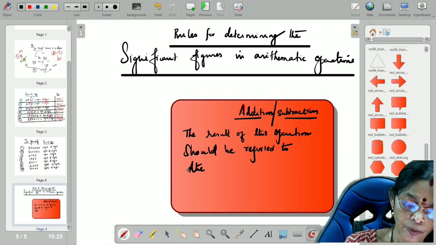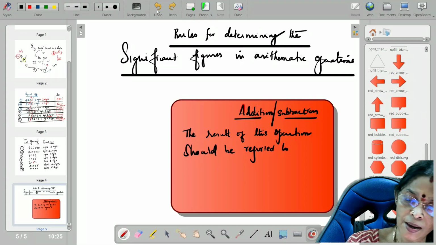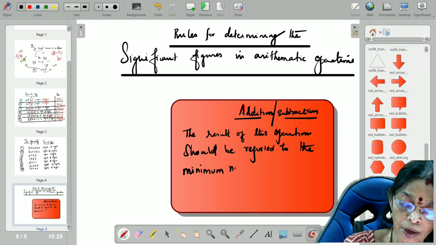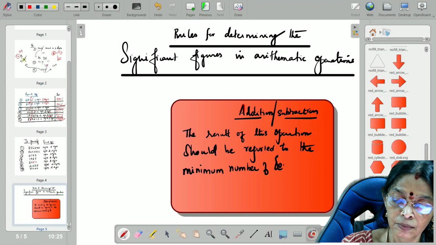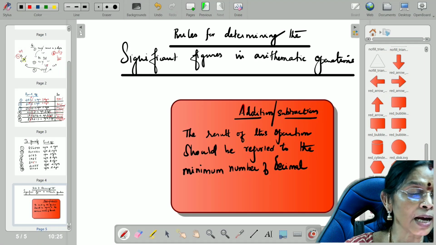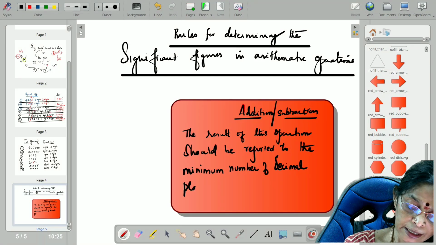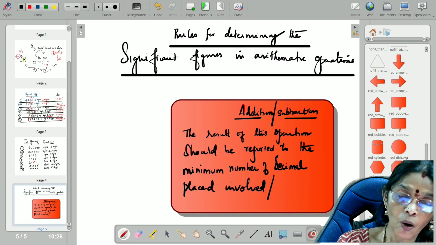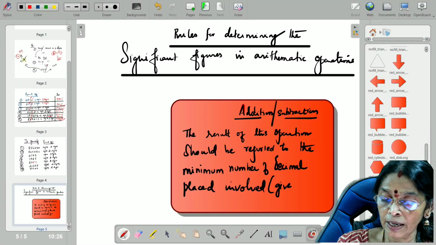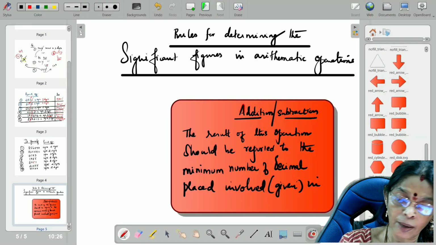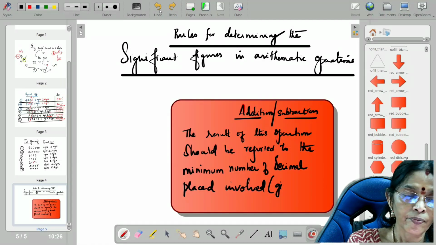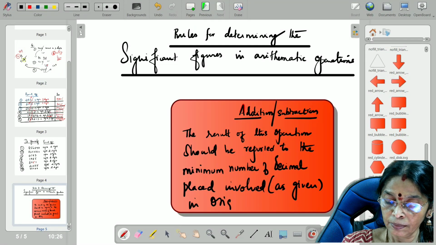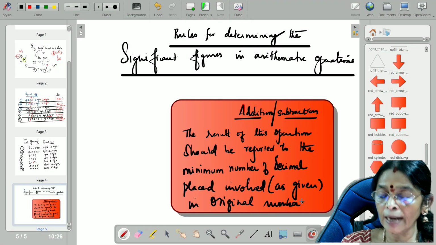Reported to the minimum number of decimal places, as that of the original number, that is, as given in the original number. So this is the rule for addition or subtraction.